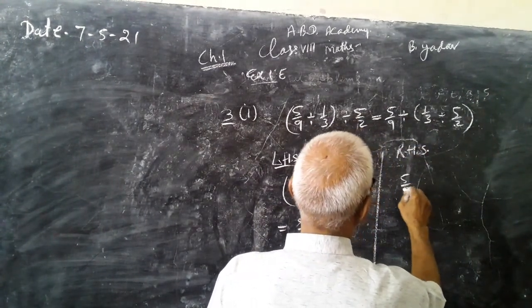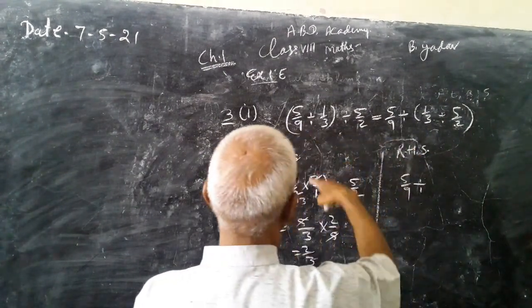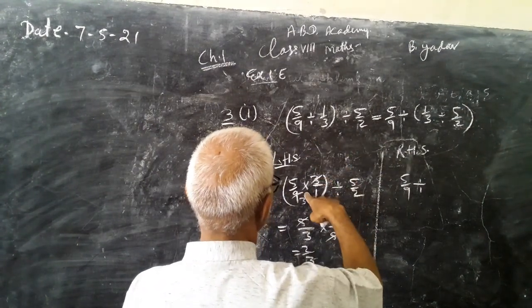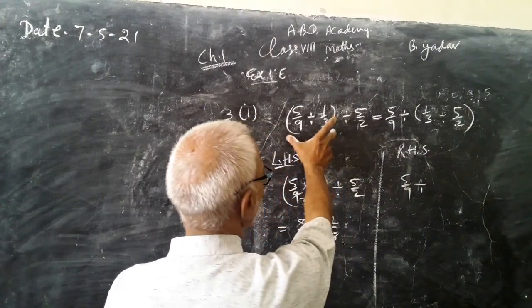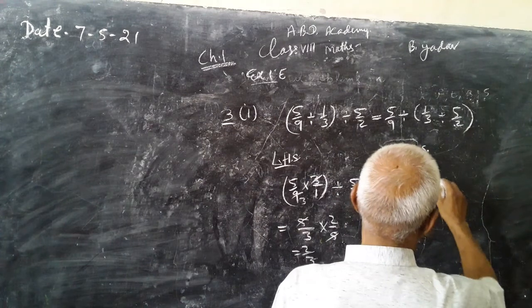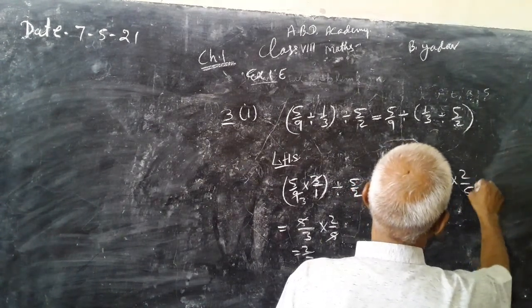It is 5 by 9 divided by, first I have to work out the bracket, because there was a bracket here, so we shall change first this 1 by 3 divided by 5 by 2 into 2 by 15.